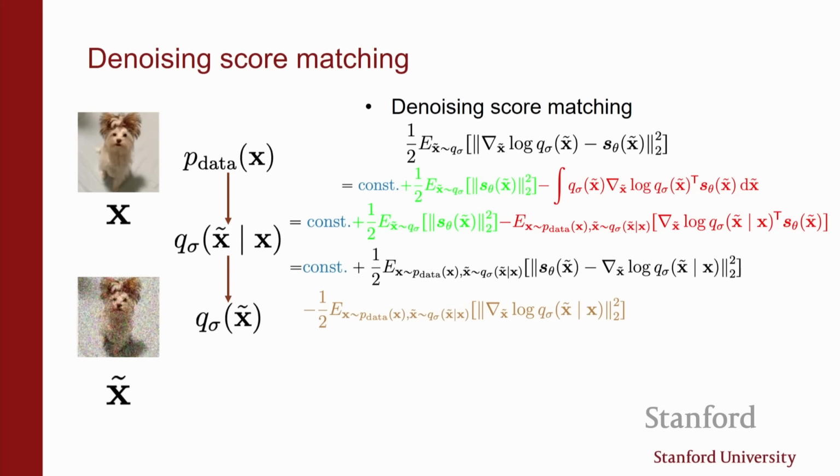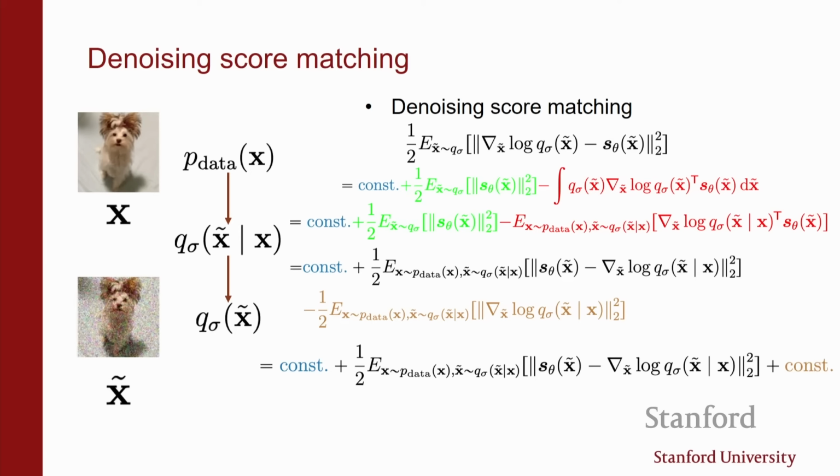And now you can see that you can write it as the square difference between S theta and the gradient of this Gaussian transition kernel that we have here, because when you take the square of this term, it would give you the red one. The square term of this one will give you this brown term that then we're subtracting out. And then the dot product between these two is exactly this red term that we just derived.